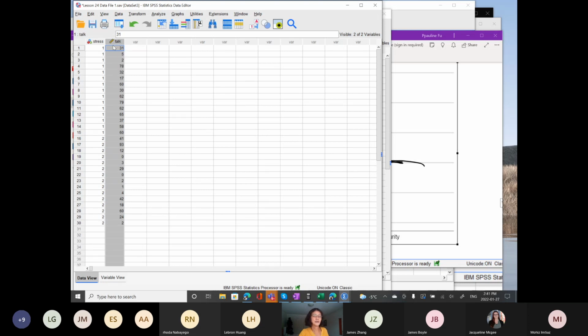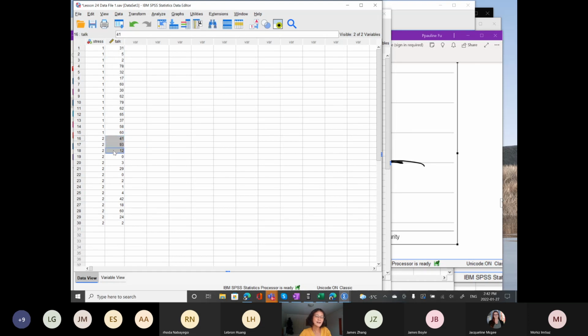One group of students has a low stress level. Those are the times recorded, during the 10-minute test period, for how much low stress students talked.